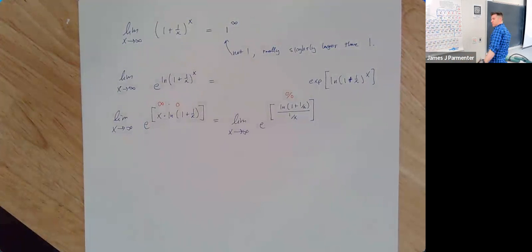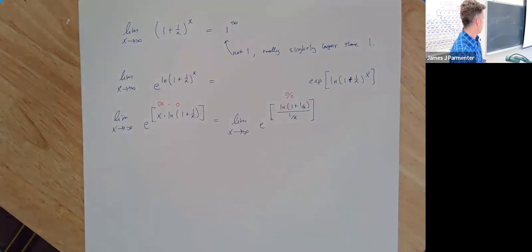To remind everybody, we've definitely seen before that e to the natural log of whatever is just the stuff. That's why I was able to do that. So I went from here to there.